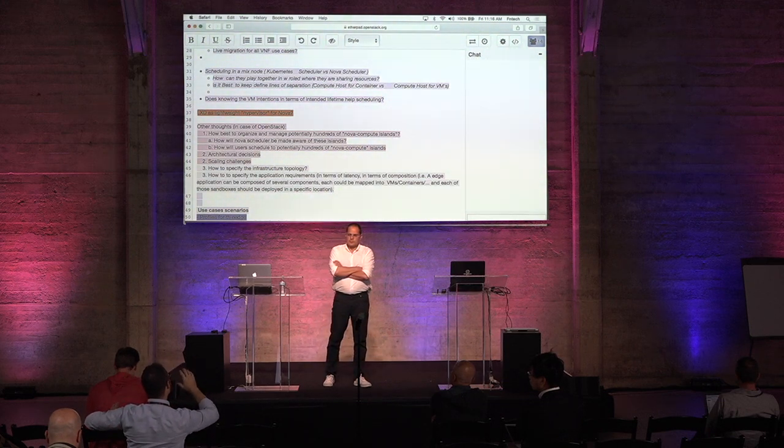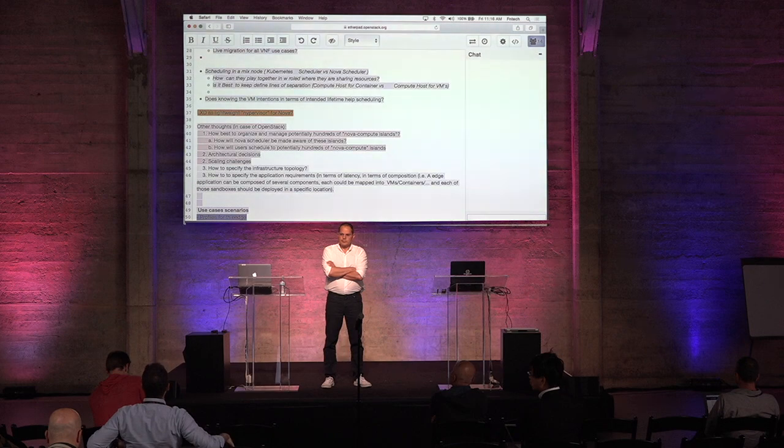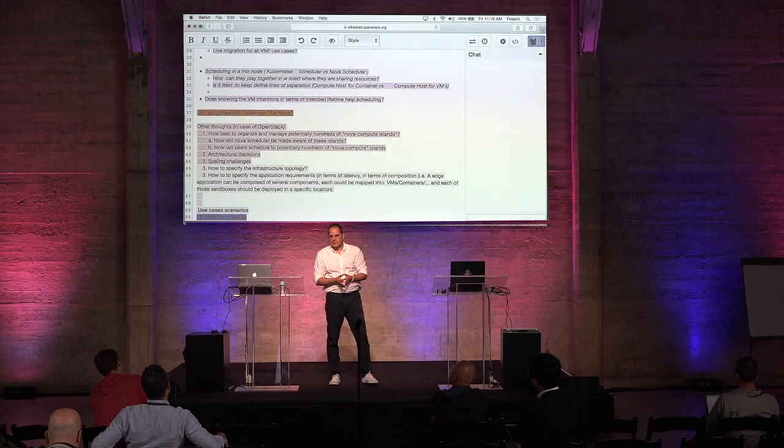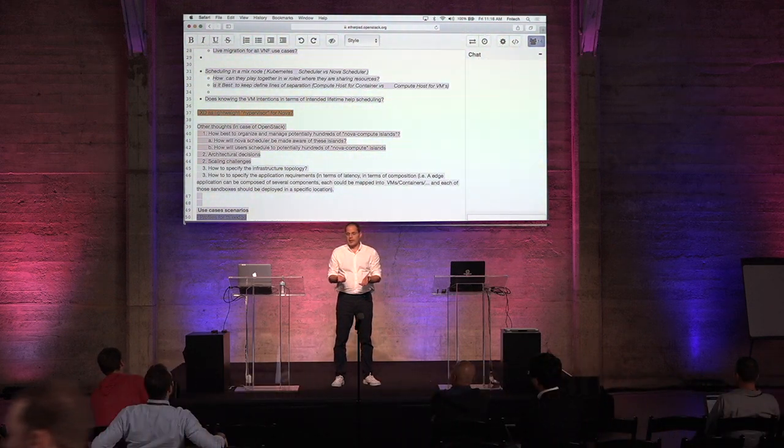So we see that as a multi-control and orchestration problem. Still doesn't solve the problem at the edge, I think, right? Sorry? The problem was the dilution of your capacity at the edge. No, that doesn't solve it because it's something else.